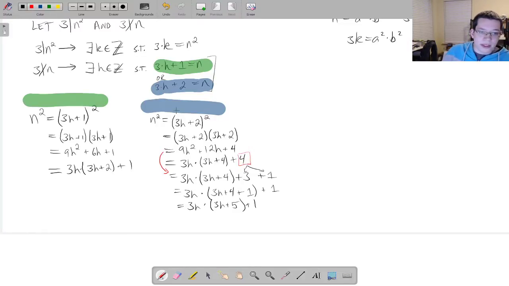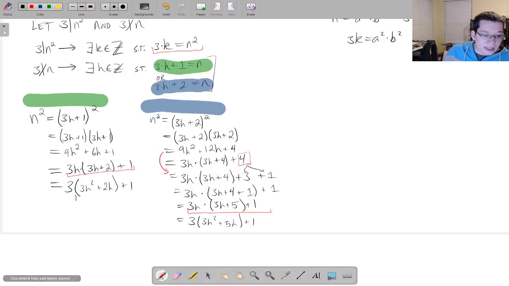But we're really interested in getting it in this form. We want this all to be in the same form. So we're going to put that h back in. So 3 times (3h squared plus 2h) plus 1. And this is going to be 3 times (3h squared plus 5h) plus 1.